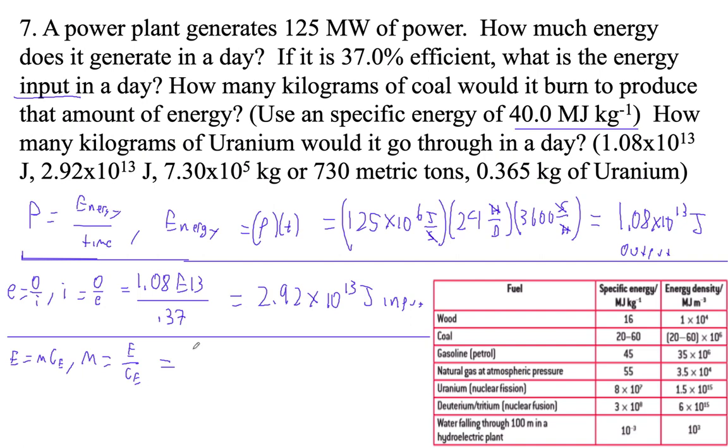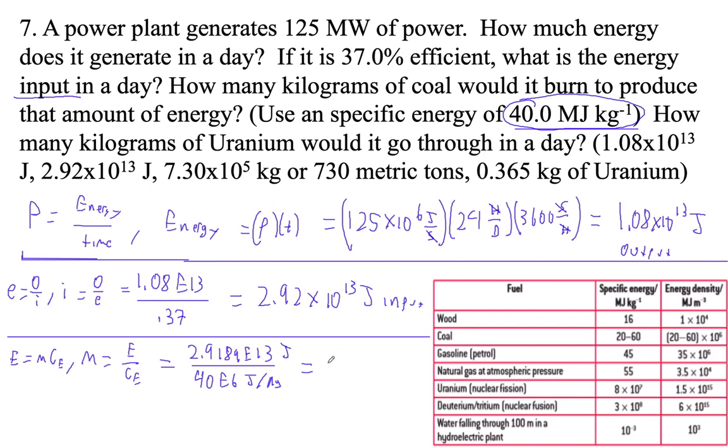So that's going to be our 2.9189E13 divided by, and for coal, they're telling us to use 40 megajoules per kilogram. So this is joules, divided by 40E6, and that's joules per kilogram. And this will give us kilograms of coal. So that divided by 40E6.